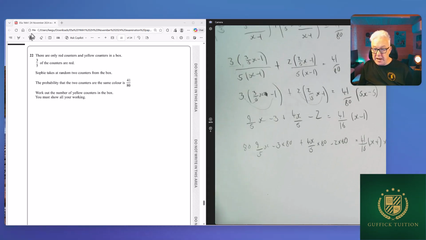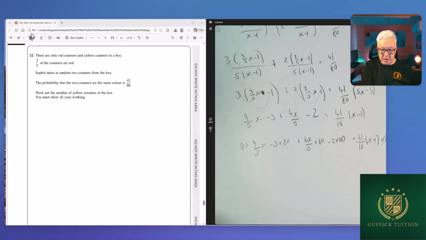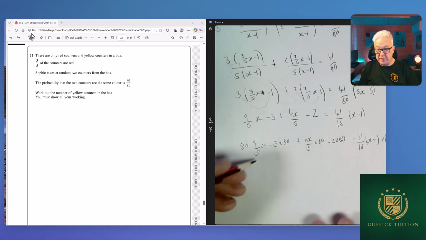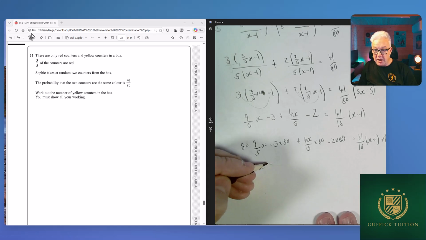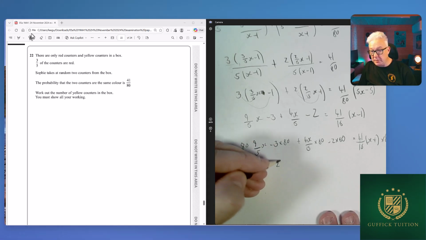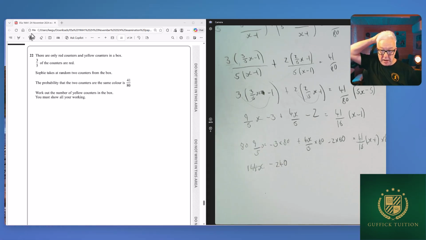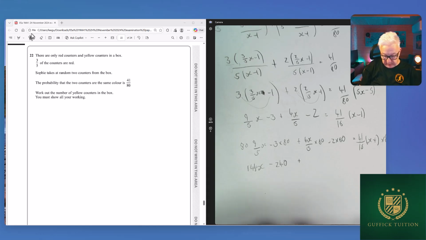Okay, so now let's see what this is going to simplify down into. 80 times 9 over 5, so 80 times 9 divided by 5 is 144. So 144x goes there. This is going to go to minus 240 there. And then we're going to have plus 4 times 80 divided by 5. So 4 times by 80 divided by 5 is 64.